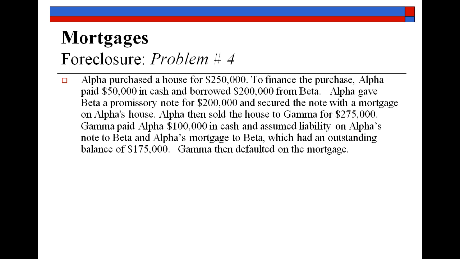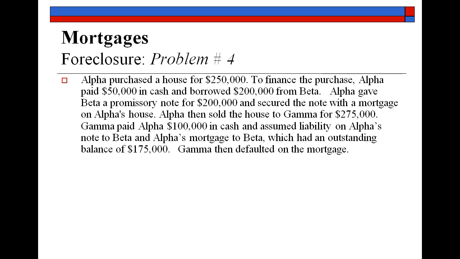Then Alpha sells the house to Gamma for $275,000. Gamma pays Alpha $100,000 in cash, but this time Gamma assumes liability on Alpha's note to Beta and Alpha's mortgage to Beta, which then had an outstanding balance of $175,000.